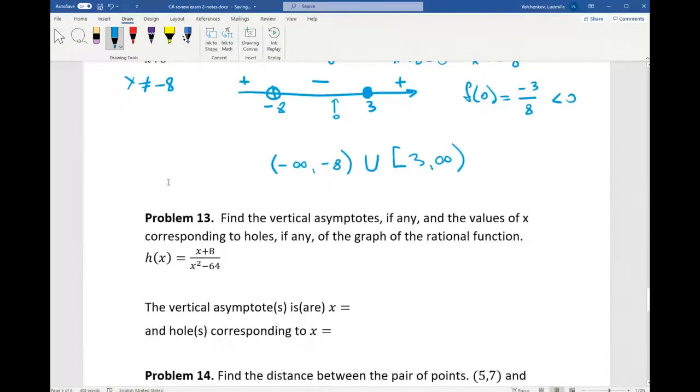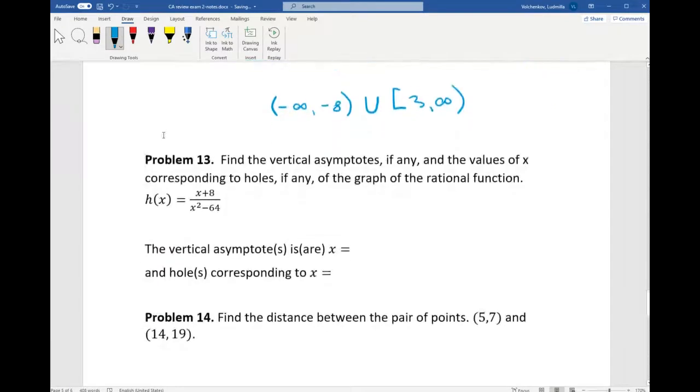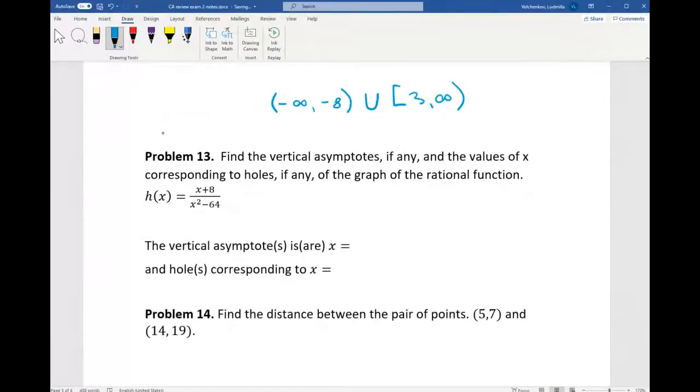Find the vertical asymptotes, if any, and the values of x corresponding to holes, if any, of the graph of the rational function. Okay, this function, x plus 8 divided by x squared minus 64, can be simplified.